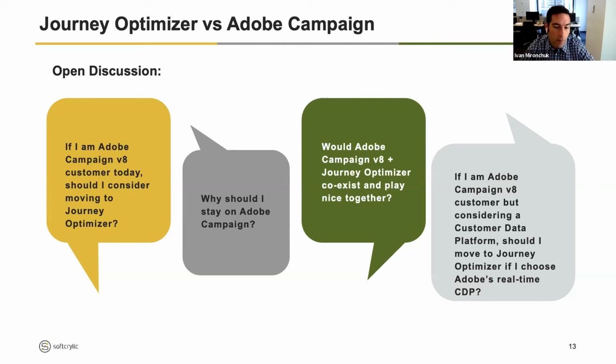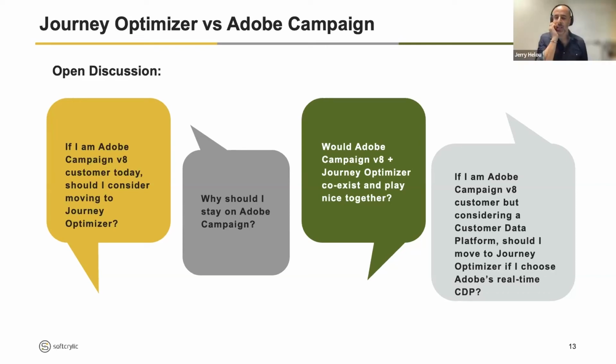Really, what it comes down to is, if you are looking to go beyond what you can do within Campaign V8 and you want to start hitting some real-time use cases, there's definitely a path for you to use both solutions together and say, I want to handle all of my batch campaigns through V8. I want to start to explore some real-time use cases through Journey Optimizer, and that's definitely something that we have customers doing today.